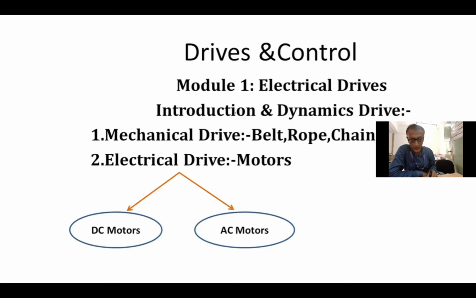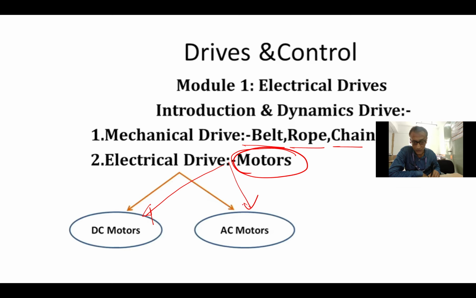Look at it. This one is belt, rope, chain, and another thing is gear. And for motion, electrical drives are for your motor. Electrical drives or motors will be considered as a DC motor and an AC motor.